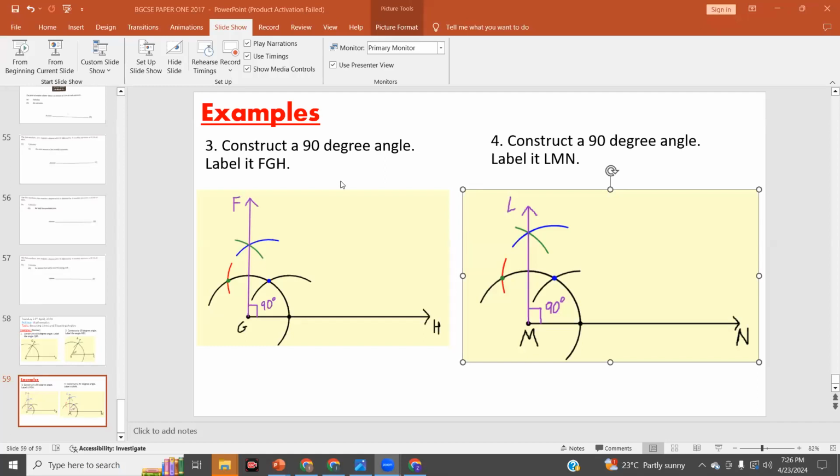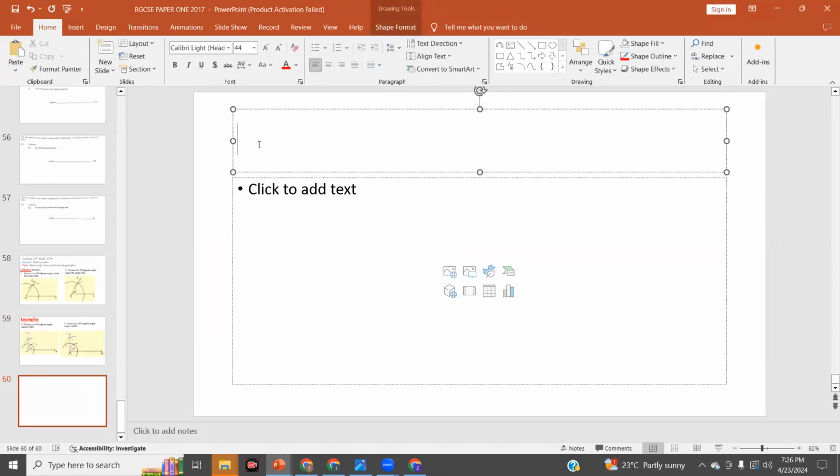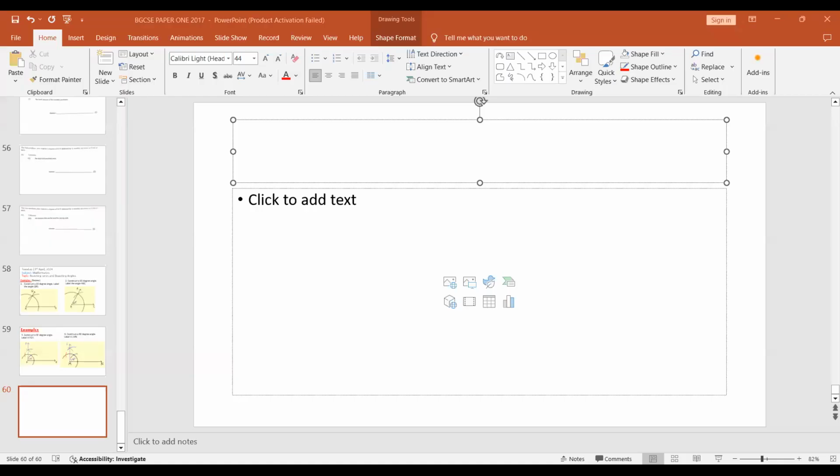Now, what we're going to do is bisect lines. When we say bisect, bisect means to cut in half. So when we bisect a line, that means we're going to cut the line in half. We're going to use specifically our ruler and compass to bisect the line.